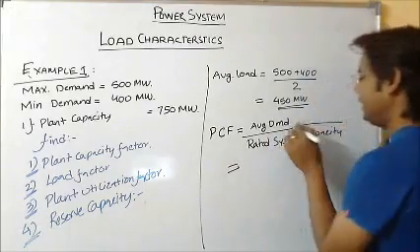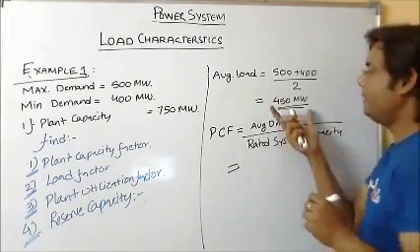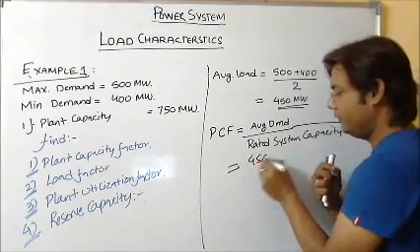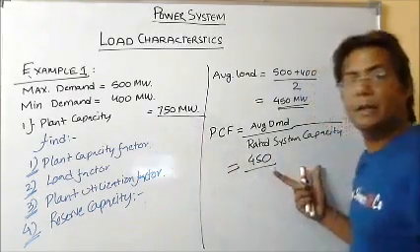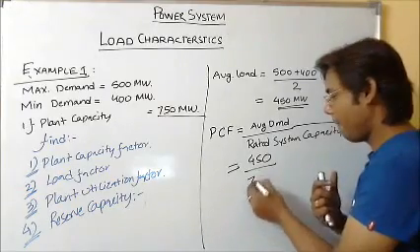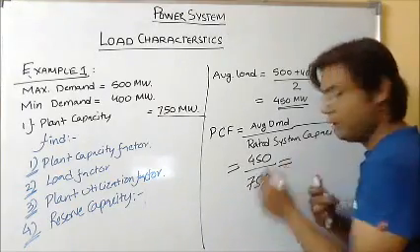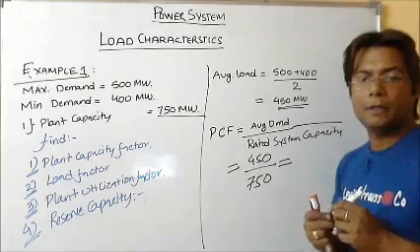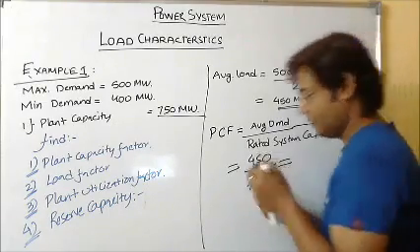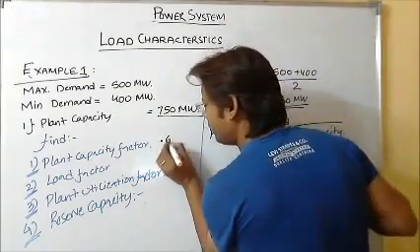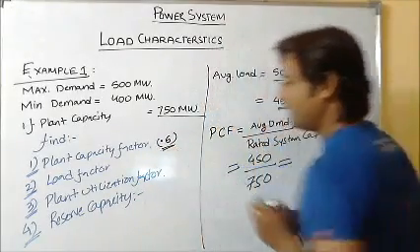So one can directly say that the average demand is 450 right now and the plant capacity is 750 megawatt, which is coming as 0.6. So the answer for plant capacity factor is 0.6.